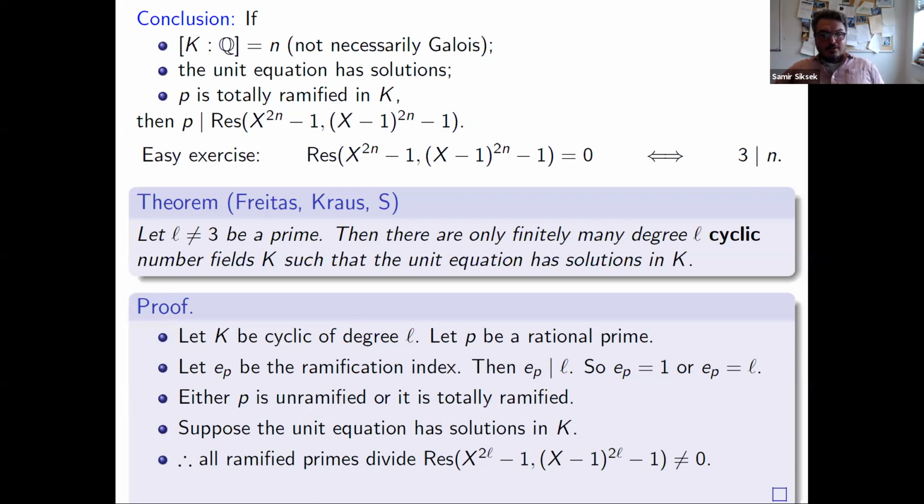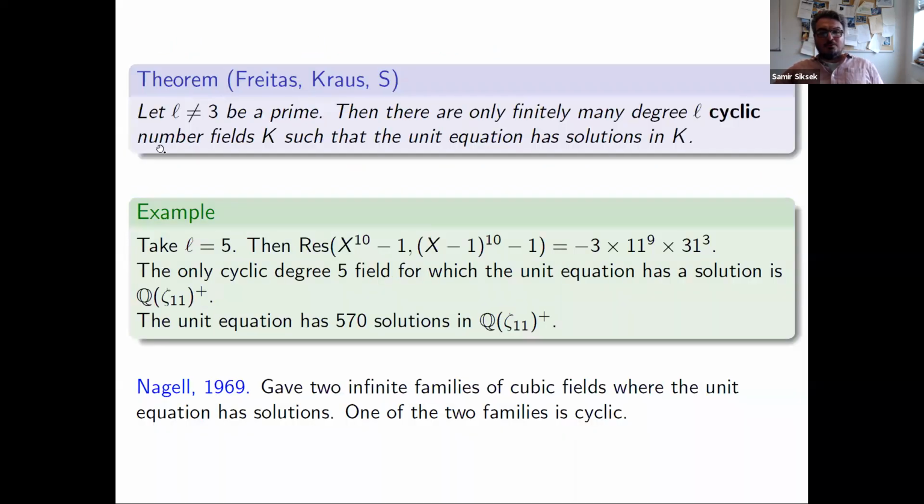Okay. So let's see an example. If I take L to be 5, and I just calculate this resultant, I find that it's this number here. So I'm saying I only want degree 5.